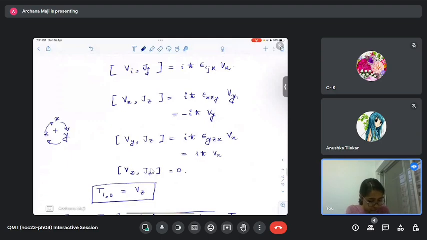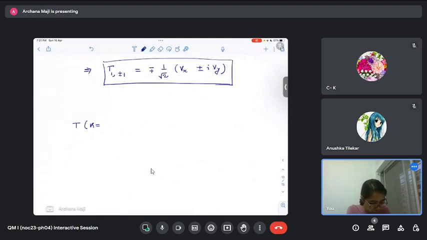So a spherical tensor of k equal to 2, q equal to 2 is nothing but the tensor product of a spherical tensor... let me use that notation.